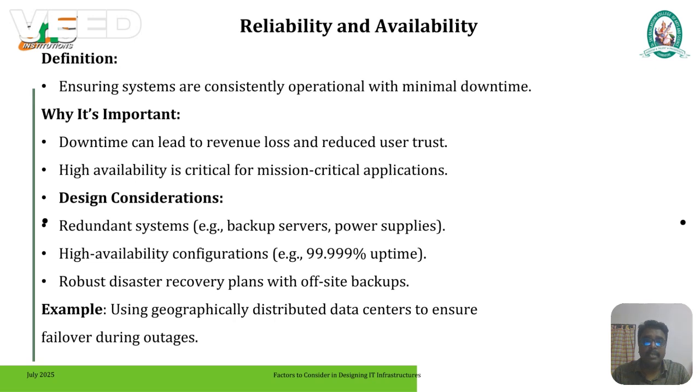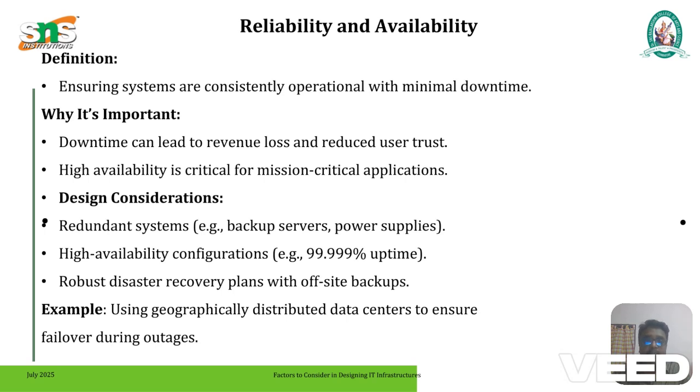Next is reliability and availability. It ensures the systems are consistently operational with minimal downtime. We need to bring the downtime to almost zero, apart from maintenance procedures. If we have downtime, it may lead to revenue loss or reduced user trust. High availability is always mandatory for very critical applications.